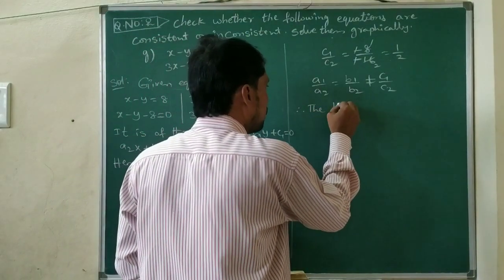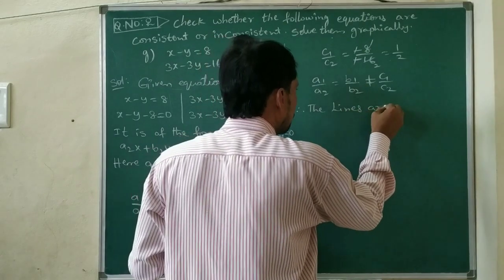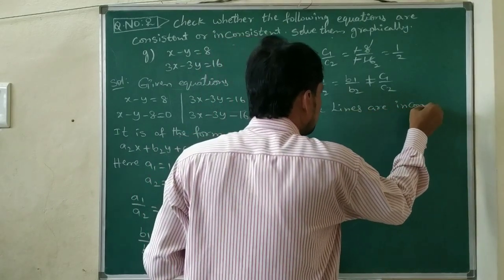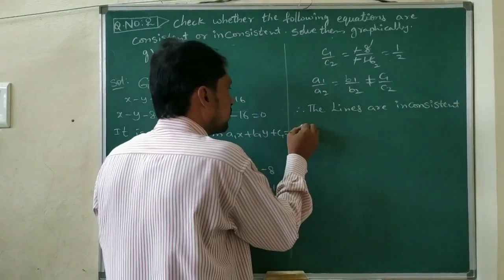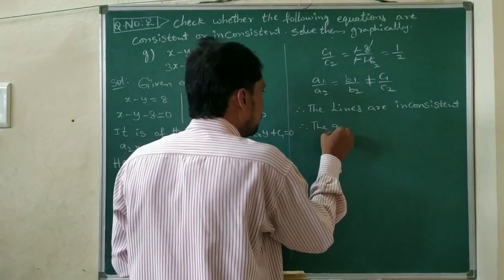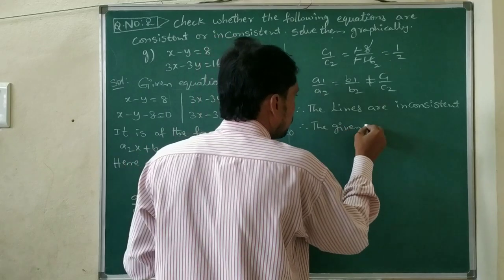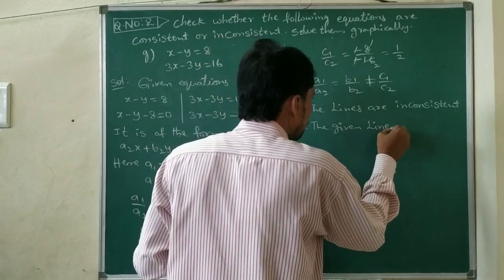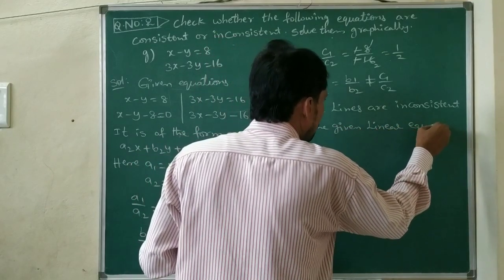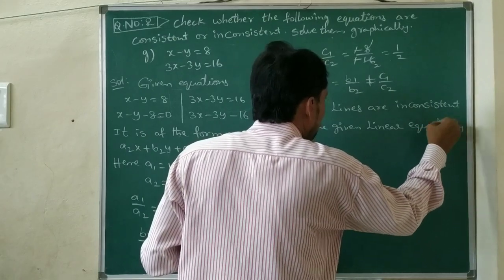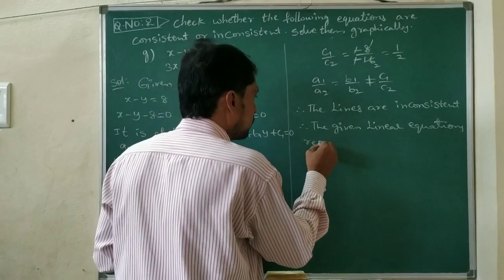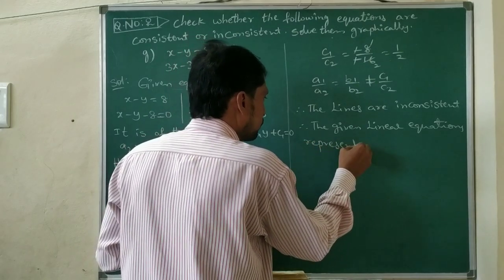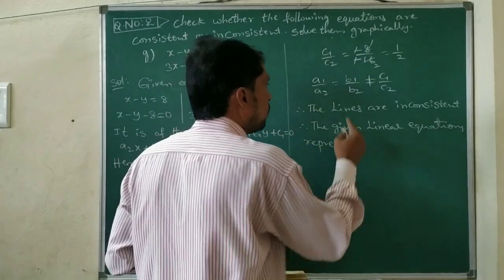Therefore the lines are inconsistent. Therefore the given linear equations represent what type of lines?